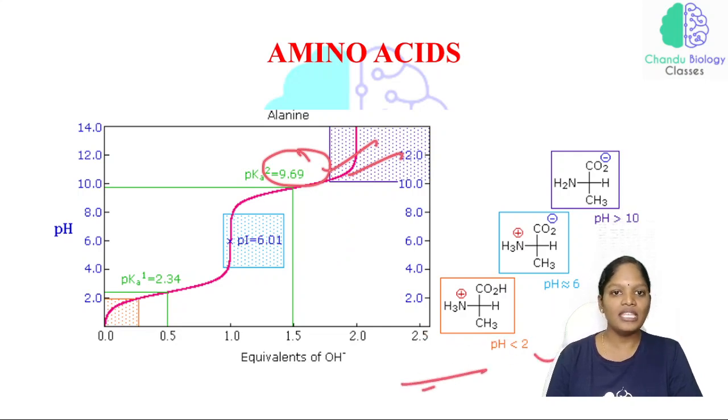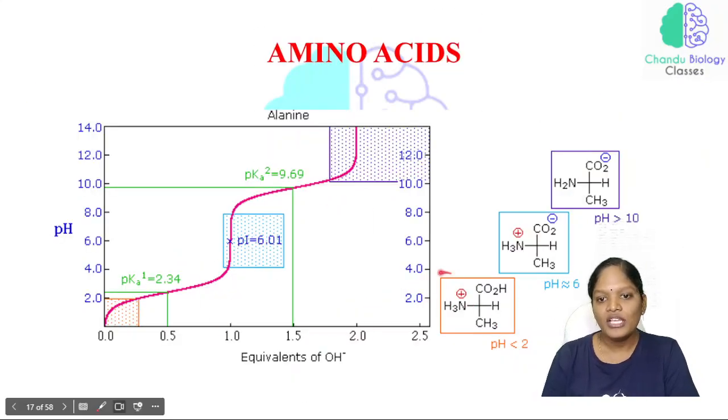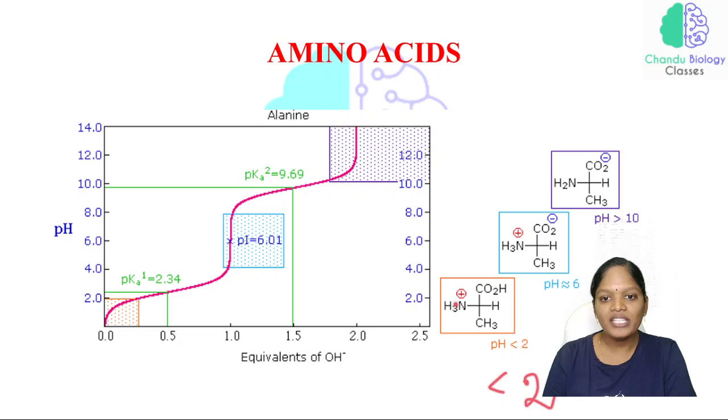All these things are nothing but the donation of hydrogen and the accepting of hydrogen. At which pH they are donating a hydrogen, and at which pH they are accepting a hydrogen. See here, just look at this picture. At this pH, which is less than 2, they are accepting a proton and not donating a proton.